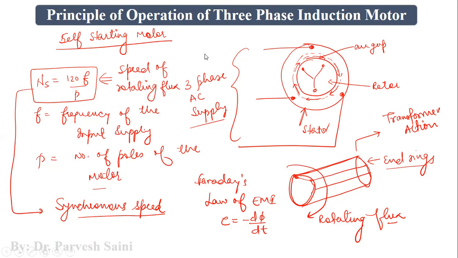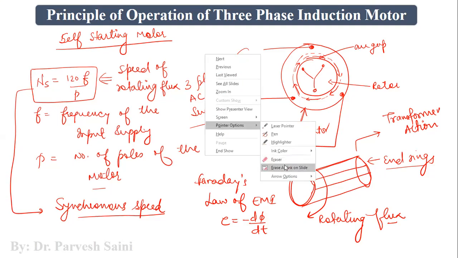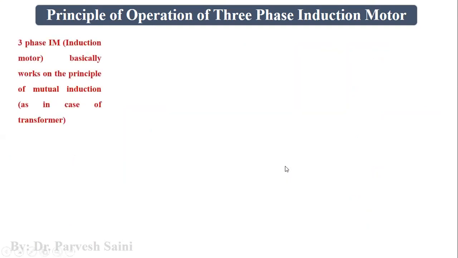Now let us come to the point. A three-phase induction motor works on the principle of mutual induction. It is similar to that of a transformer, right? In a transformer, as I have already discussed, we have a primary winding and a secondary winding. We give supply to the primary winding, and then we connect some load across the secondary winding.